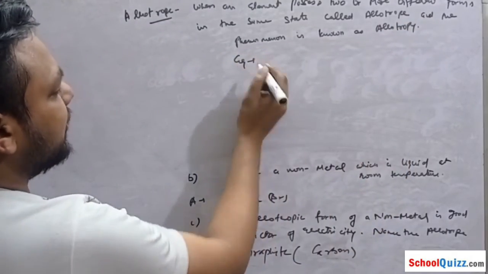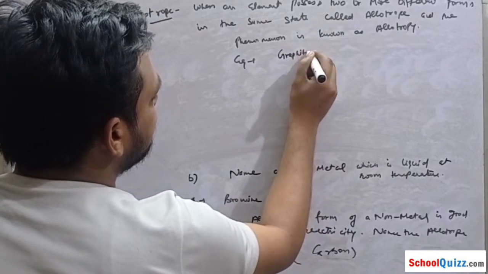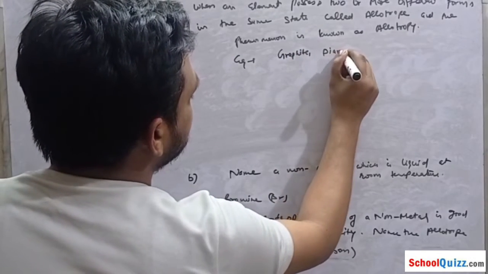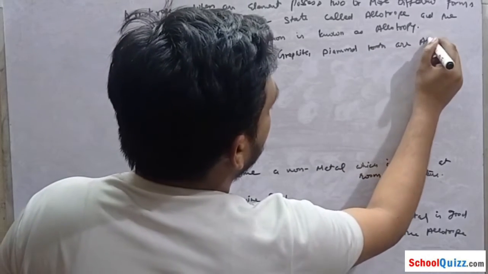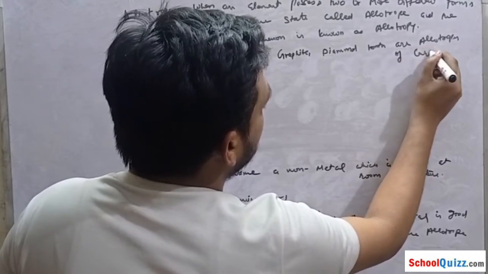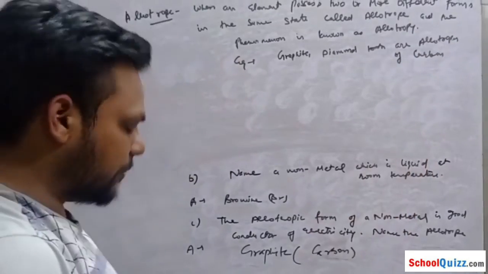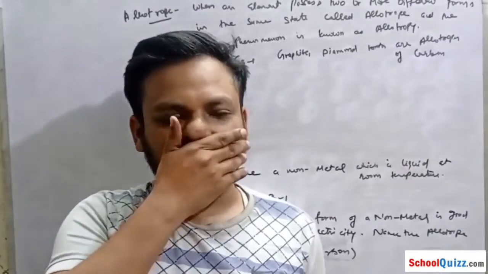If we take an example, graphite and diamond are both allotropes of carbon. Graphite, diamond and fullerene are allotropes of carbon.